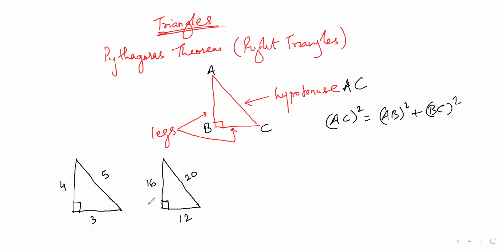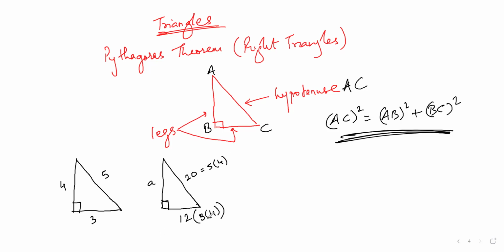Okay. So if the 16 is not there, you can either use the Pythagoras theorem and find out the answer for the unknown side, let's call it A, or you can simply say, okay, this is kind of 5 times 4, this is kind of 3 times 4.